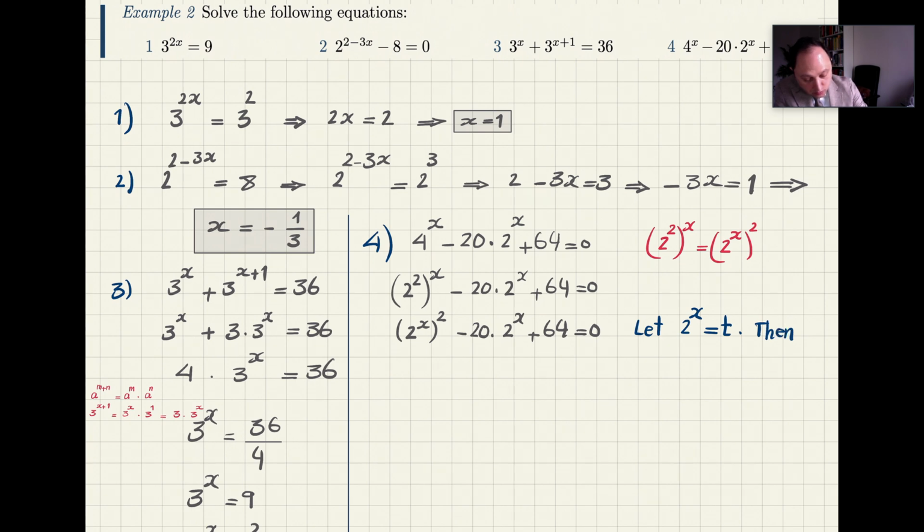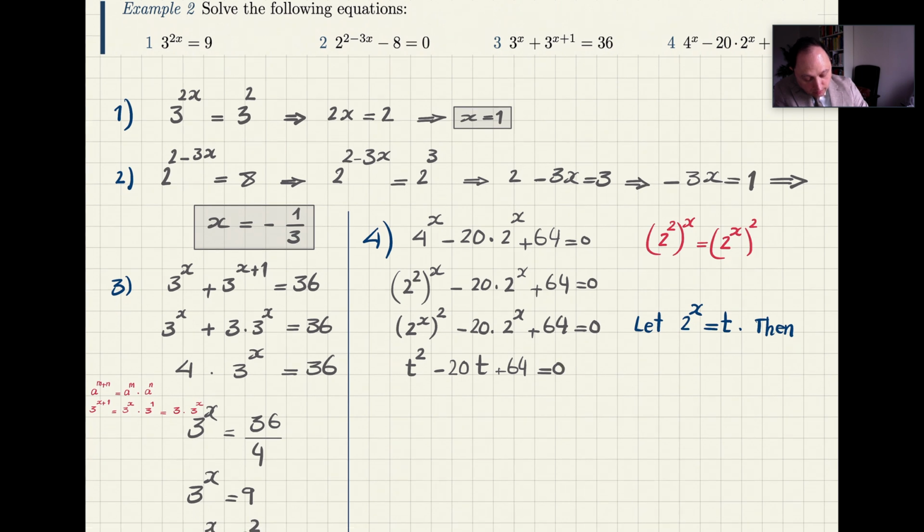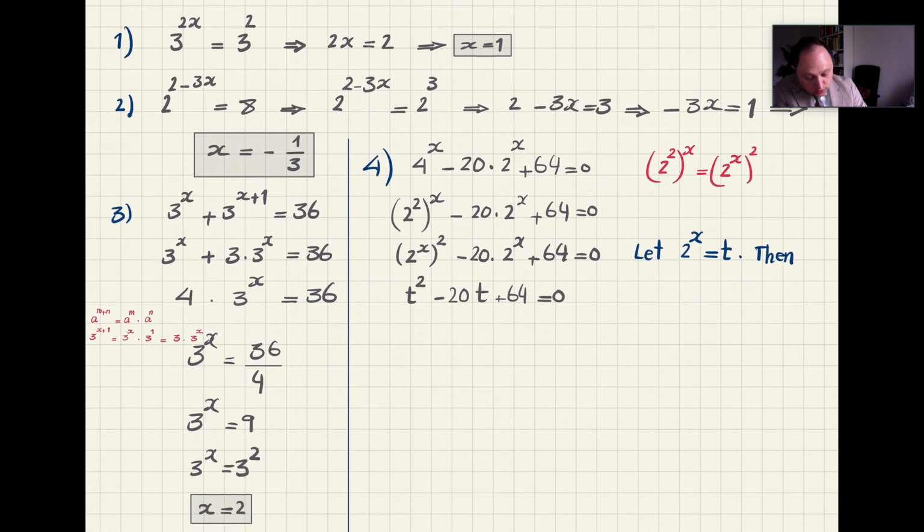Then what happens? Instead of this one and this one, I just simply put t and t. It becomes t squared, and then this is a very clear equation for you. Hopefully this becomes t squared minus 20t plus 64 equals 0. And now everyone knows that this is not a hard question at all.